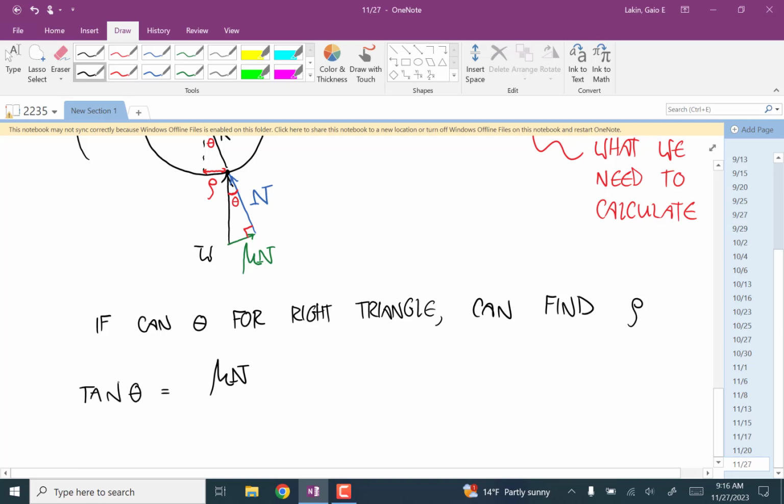Okay, tangent. Tangent of theta is mu times n over n. You can see the n's cancel out. And so the tangent of that angle is just equal to the coefficient of friction. So the normal force doesn't even matter for that. That's right.